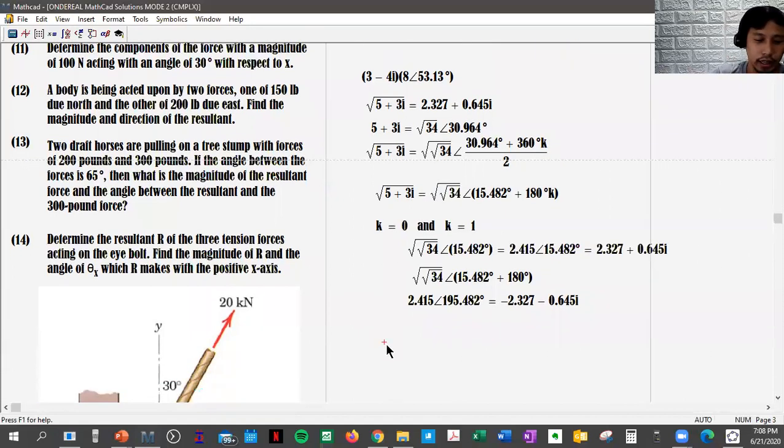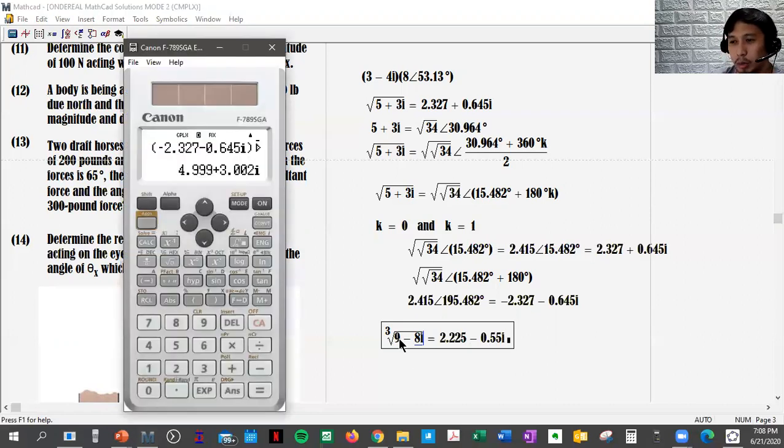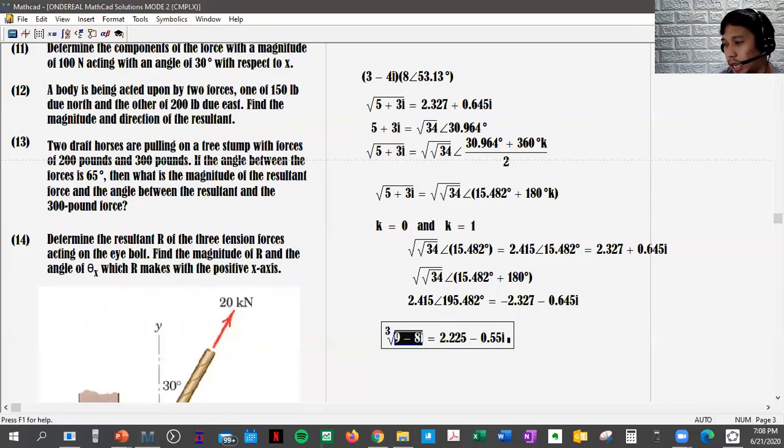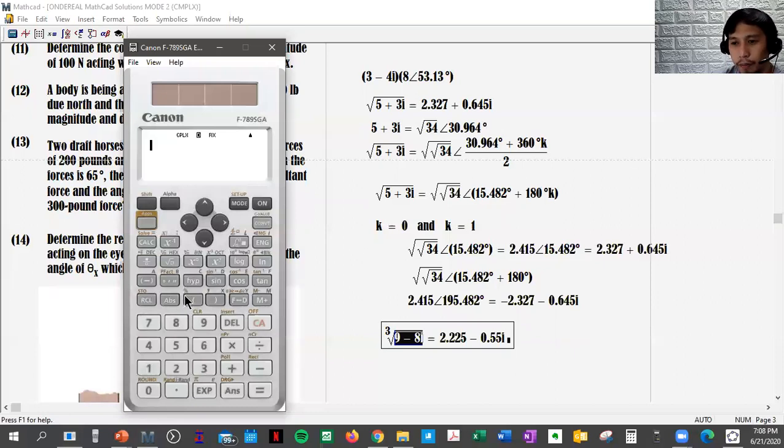Okay, another. Let's say we are to take the cube root of ito, 9 minus 8i. Yan. So if we are to take the cube root, isa lang yung makuha dito, 2.225 minus 0.55i. Now, using the calculator, ang gagawin natin is that we're going to convert that 9 minus 8i into its polar form. So 9 minus 8i, making it in polar form.